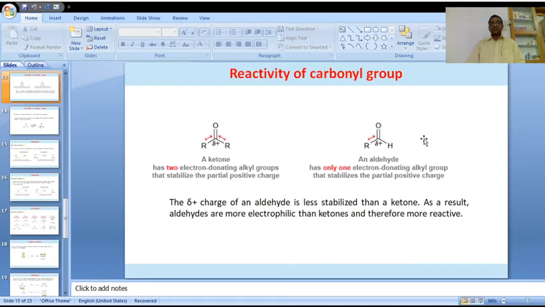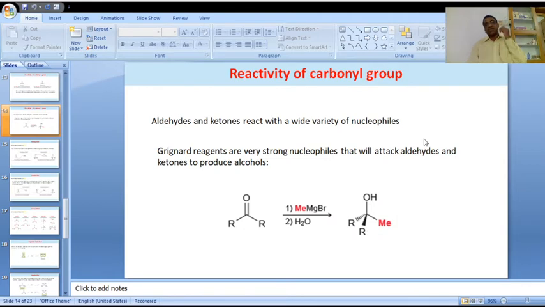As a result, aldehydes are more electrophilic than ketones and therefore more reactive. Is it clear? They undergo reactions very fast in various types of nucleophilic reactions. Those reactions we will discuss in the next slide. Please observe in the next slide.